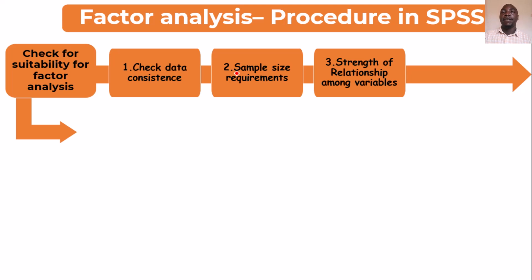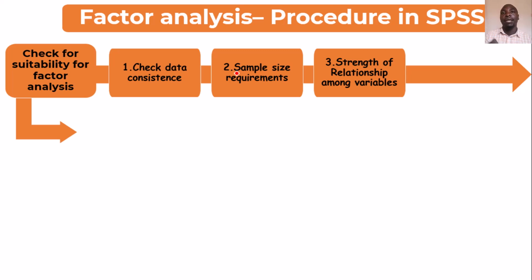Third, we have to check for the strength of relationship among our variables. In factor analysis, we are looking for groups of related variables. First of all, your data has to be related in some way or the other. To check this, we shall use a correlation matrix to establish whether there is a relationship.